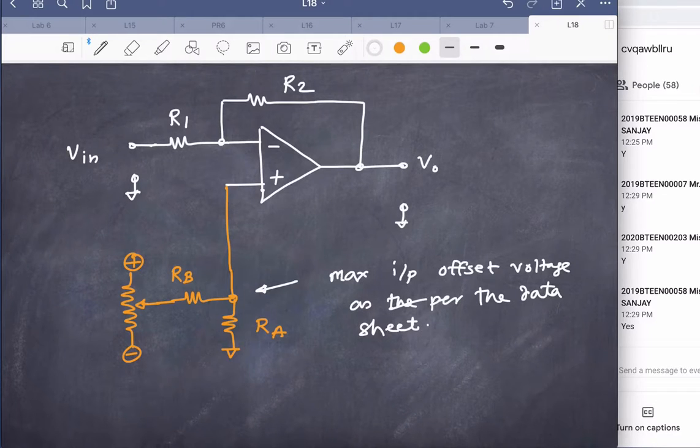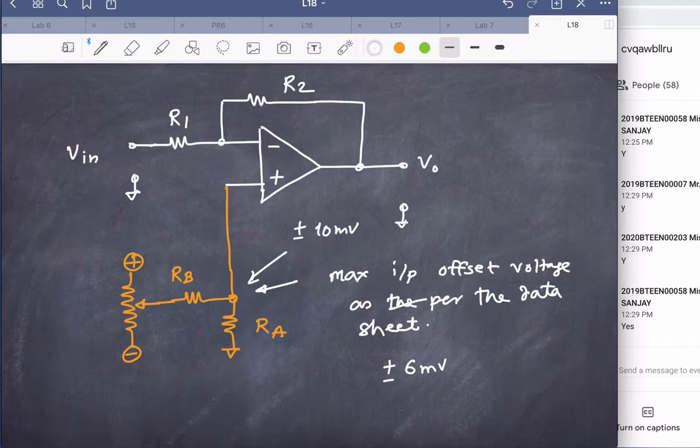Suppose the data sheet says 6 millivolt as the maximum input offset voltage. We can consider this to be plus minus 6 millivolt, and then as some margin we can provide this voltage as maybe plus minus 10 millivolt.